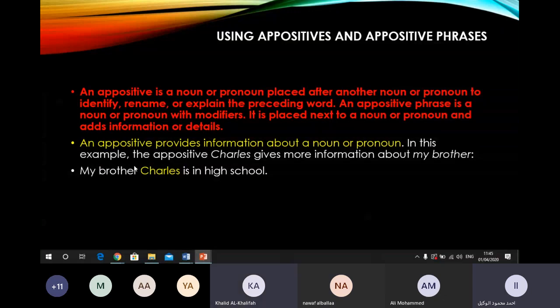So, for example, if you have three brothers, Adam, Tom, and Charles, and you said my brother is in high school, I don't know which brother, Adam, Tom, or Charles. But when you say my brother Charles, you brought this noun to make identification, to rename, or to explain the preceding word, the one before it, which is my brother in this example.